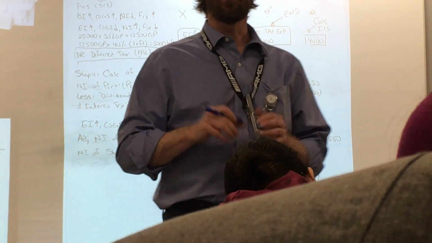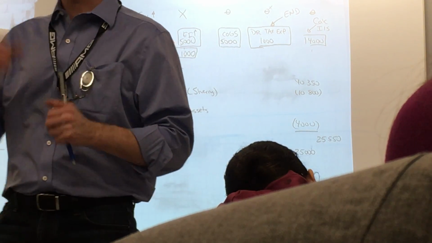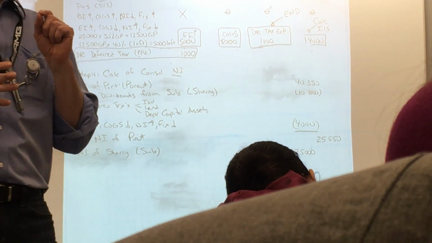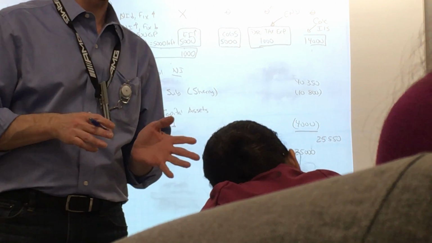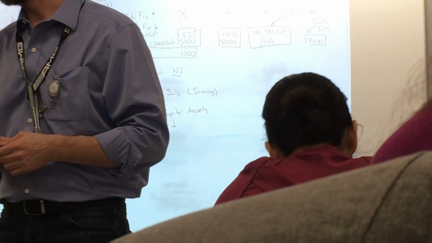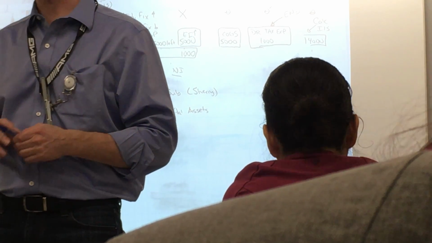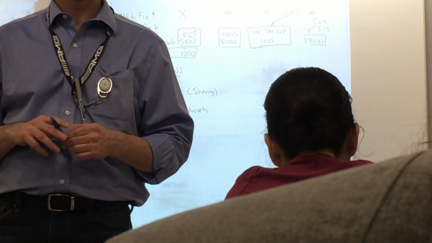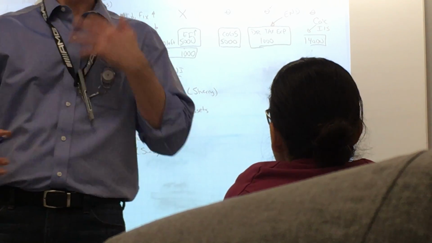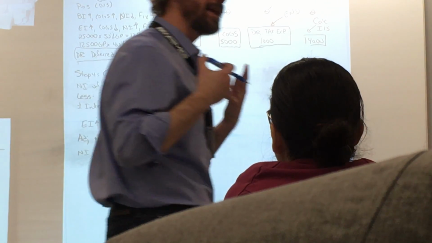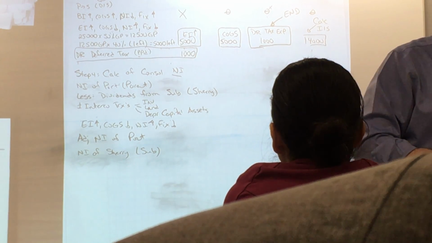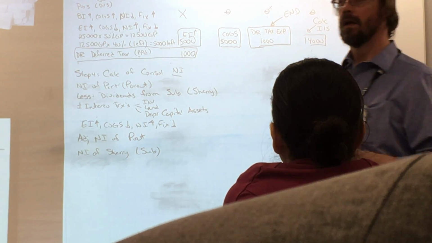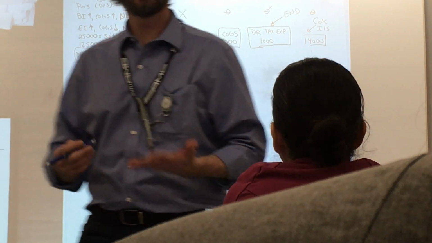The reason why we allocate the net income is because, when does the board of directors declare a dividend? When the company has a what? A net income, right? When a company has a net income, then the board typically declares dividends. How much are they declaring?